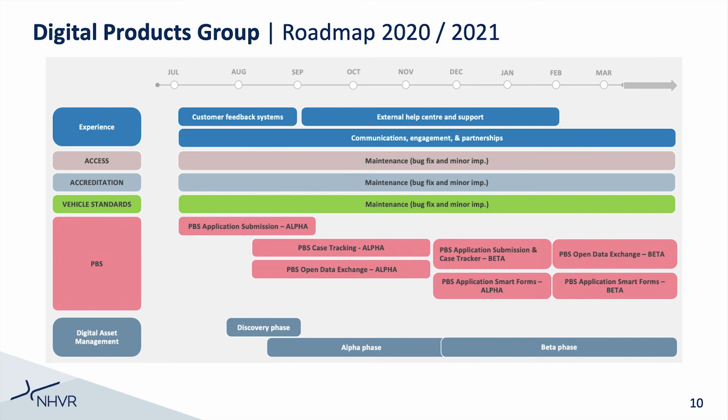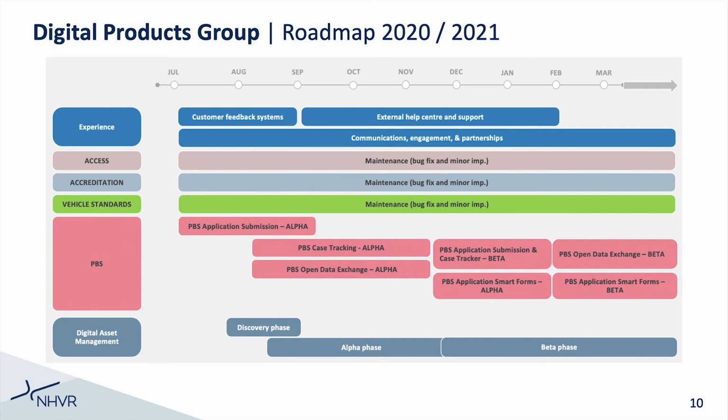So looking forward to the new year. A lot of things coming across the board for access, accreditation, vehicle standards and PBS. But probably as importantly, you'll begin to see updates and changes to the help centre, our support systems. Kylie and Julie just went through some of the updates we've made to the surveys. This is the second round of surveys we've had with customers, operators.